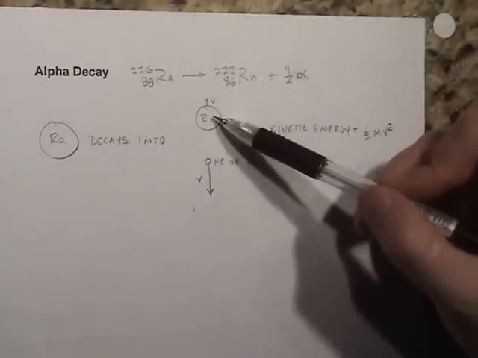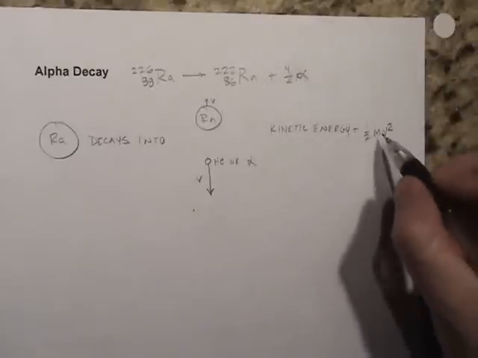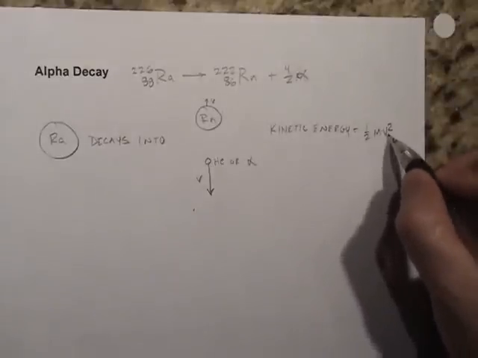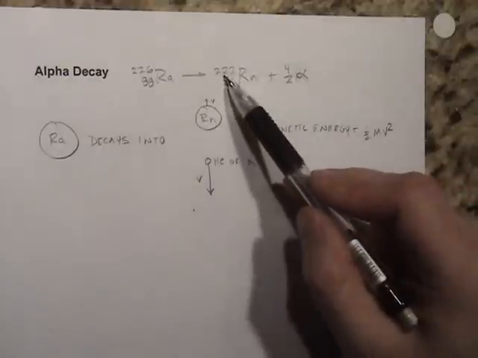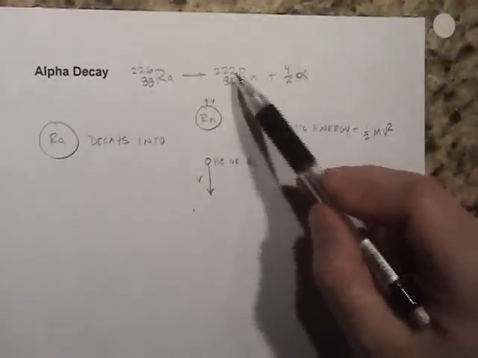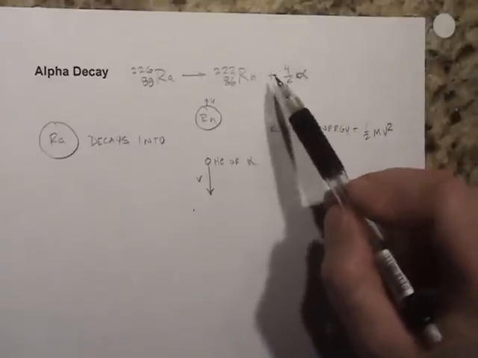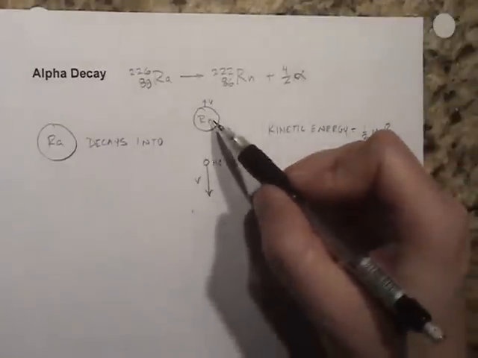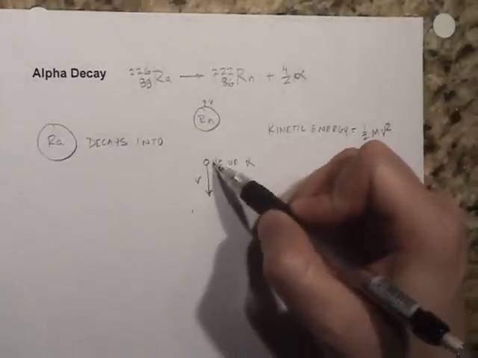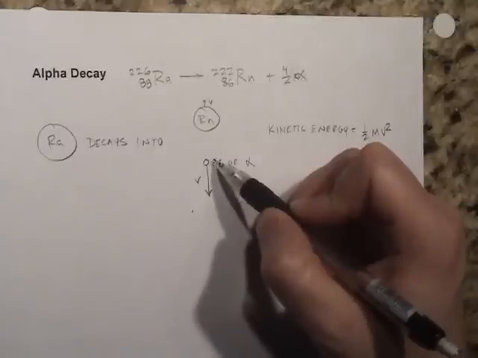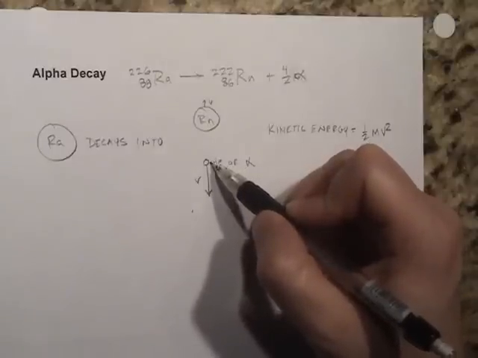The radon is going to go away with much less energy, because kinetic energy is more dependent on the velocity of the particle than it is on the mass. As you can see, 222 to 4 is approximately a 50 to 1 mass comparison. So the helium particle will go away with 50 times more velocity to account for that conservation of momentum.